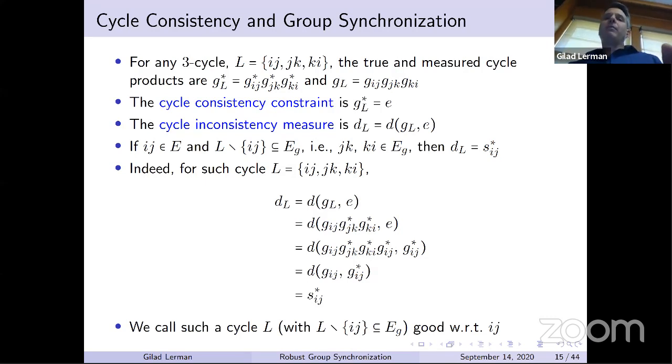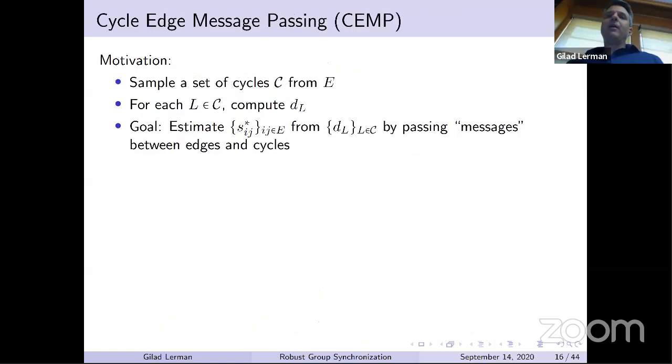Based on this fact, we can have a heuristic to estimate the corruption levels. We take either the set of all cycles or we sample a set of some cycles of interest. And for each cycle, we compute the cycle inconsistency. Because we saw that there is some similarity, at least for the good edges, between the corruption levels and the cycle inconsistency, we'll try to estimate the corruption levels from the cycle inconsistencies.